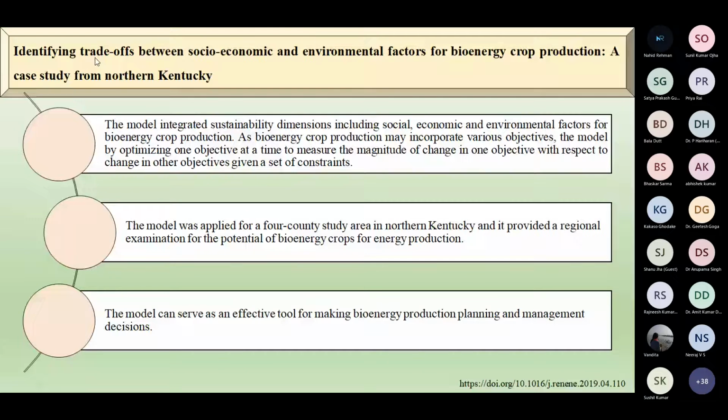A case study was done in northern Kentucky. They did an altogether different type of case study to see the socio-economic and environmental factors for bioenergy crop production.